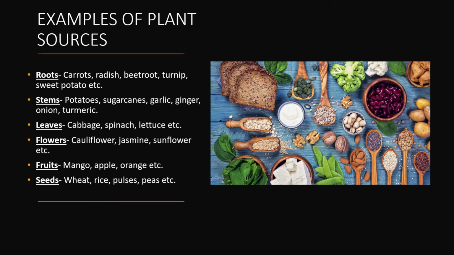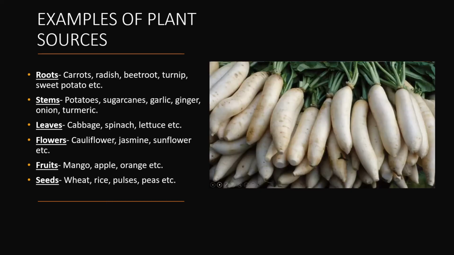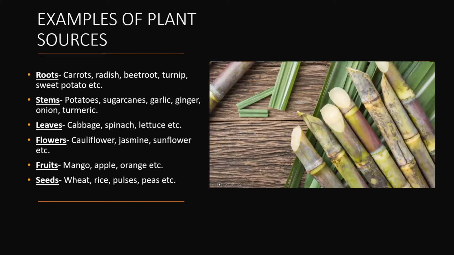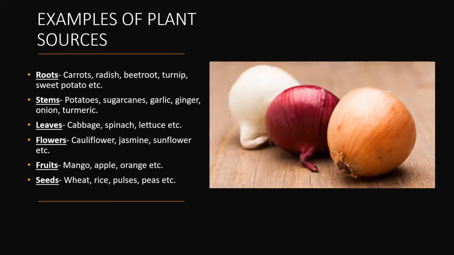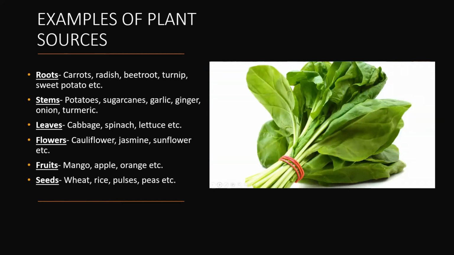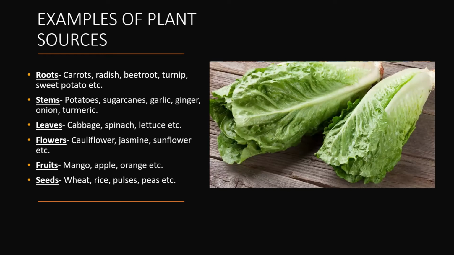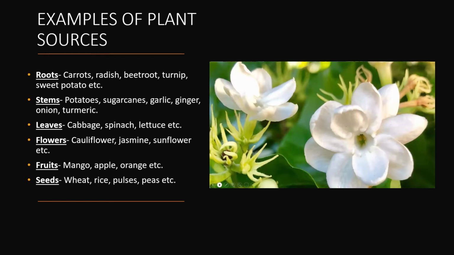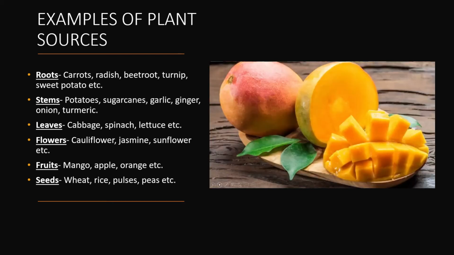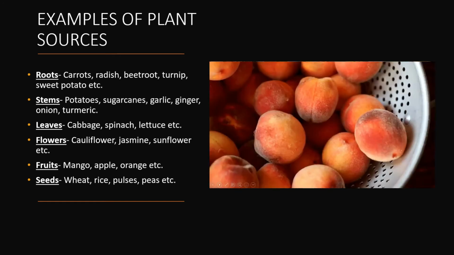Now let us look at a few examples of plant sources. The edible roots include carrots, radish, beetroot, turnip, sweet potato, etc. Edible stems include potatoes, sugar canes, garlic, ginger, onion, turmeric, etc. Leaves include cabbage, spinach, lettuce, etc. The edible flowers or the flowers used to make dishes are cauliflower, jasmine, sunflower for sunflower oil, etc. Edible fruits include mango, apple, orange, watermelon, peach, and many more.